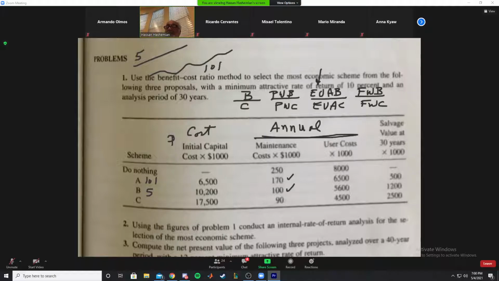Now, the same thing with user costs. If you are using Highway 5, you have less time to get to San Francisco, less tire wear because it's straight, less gasoline usage. So therefore, you have less user cost than 101. How much? The difference between them, which is what? 900, correct?